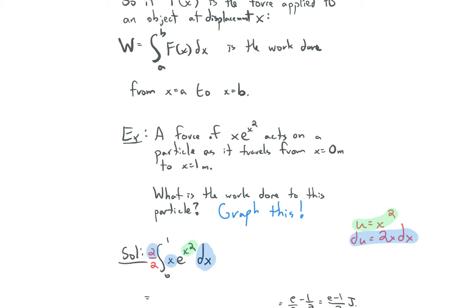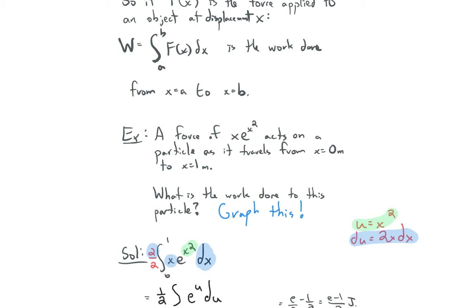So what do we have here? We have 1/2, and I'll fill in the bounds in a second, the integral of e to the u du, which we know, that's nice and easy. And let's figure out our bounds here.